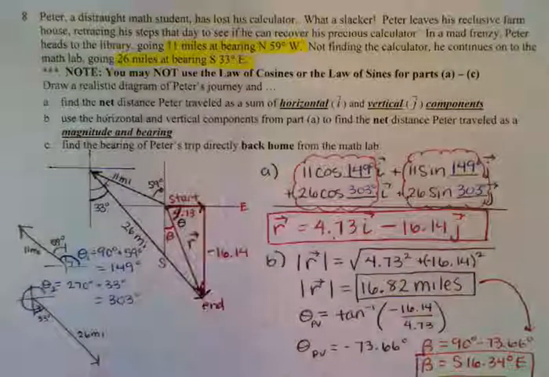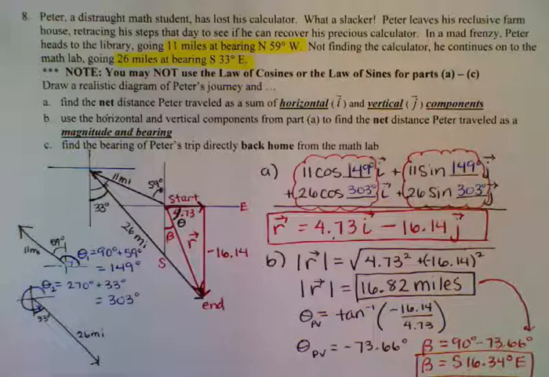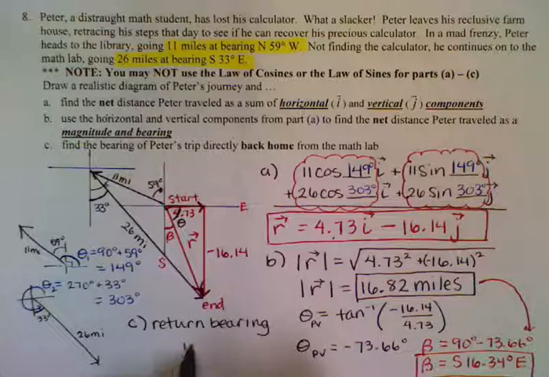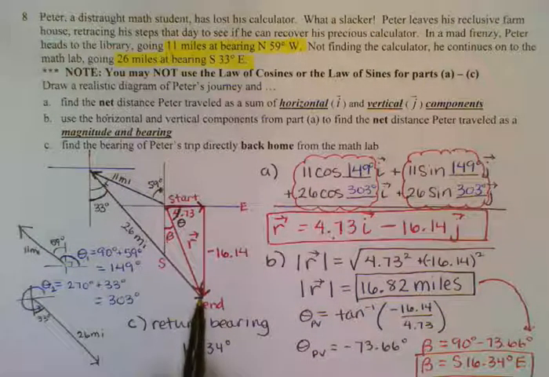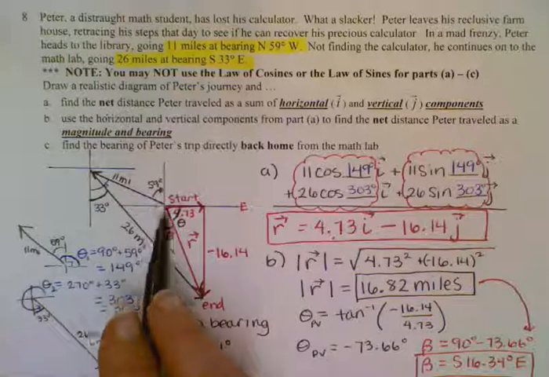home. Okay, and so remember, for the return bearing, you don't have to recalculate. We're going to use 16.34 degrees. The return bearing will involve 16.34, but it's the exact opposite. We're now at this head end of our bearing vector, traveling backwards.